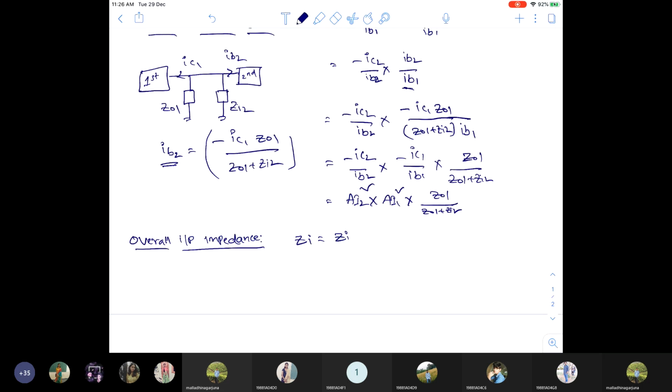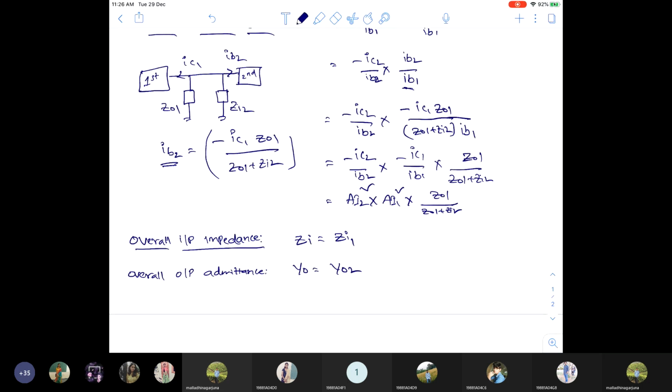Similarly, overall output admittance or impedance: Y naught is equal to Y naught 2, or Z naught equal to Z naught 2.